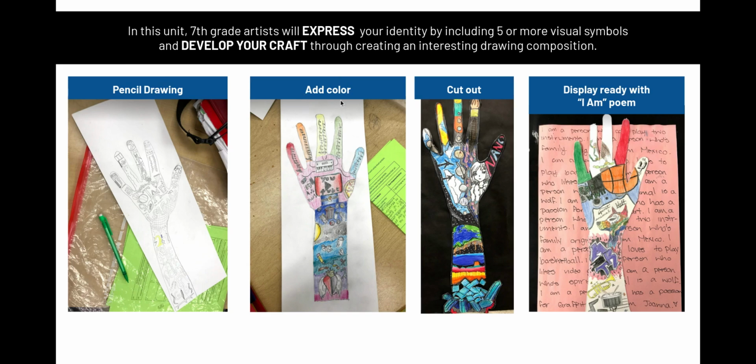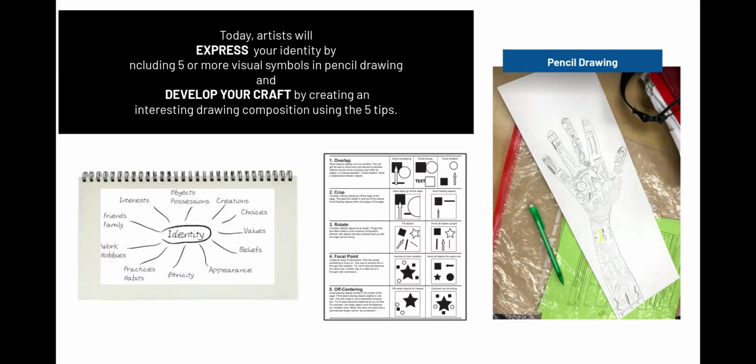Then we're going to add in color, and I'll do some demonstrations on different drawing materials and techniques with color. Then you will cut out your drawing, and then for our final step to make a display ready, we're each going to write an I am poem, and we're going to incorporate that text into our design. So this project will take us about 8 classes.